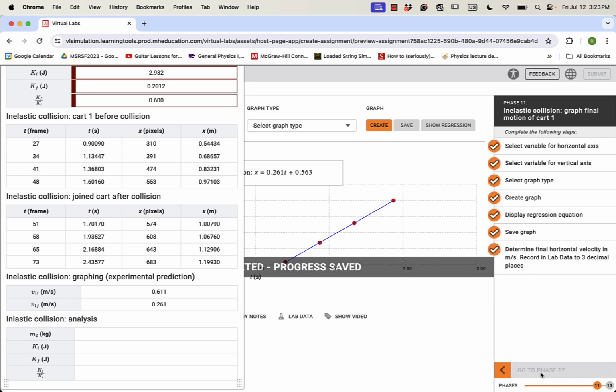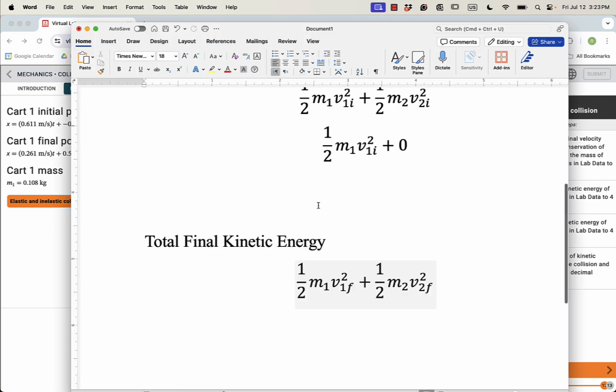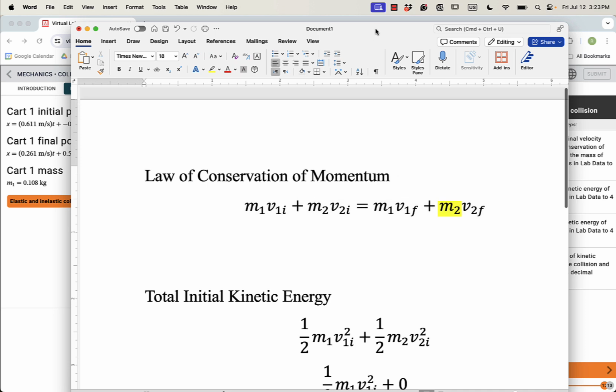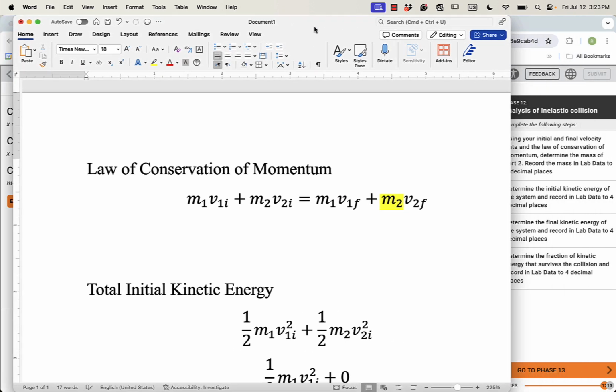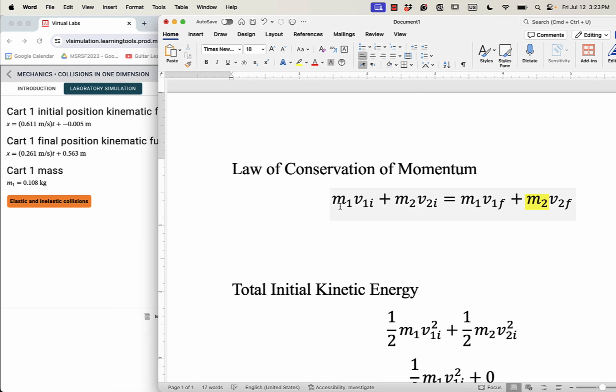Phase 12. Now just like before, you need to find the mass of the second cart using the law of conservation of momentum. I already showed you this. So use your data to find the mass of cart 2. So mass of cart 1 is 0.108 kilogram. Initial velocity of cart 1 is 0.611.